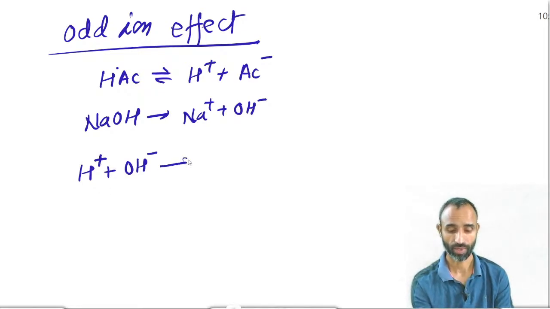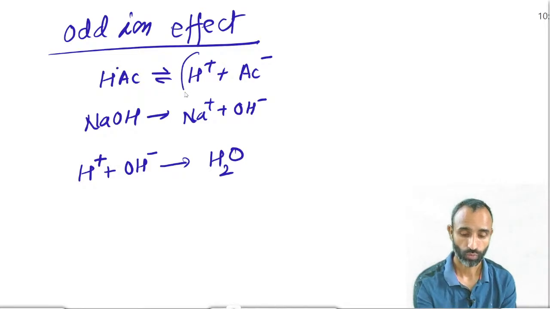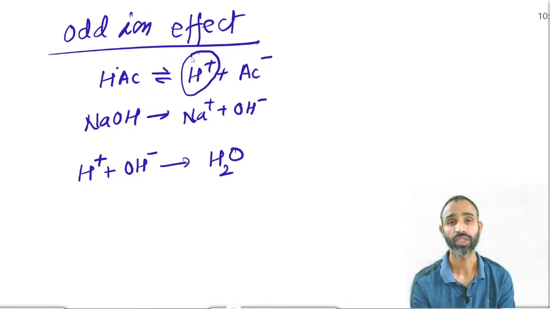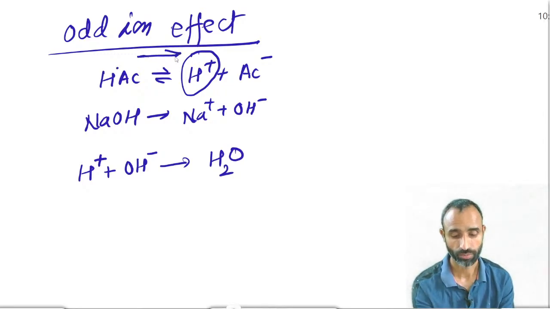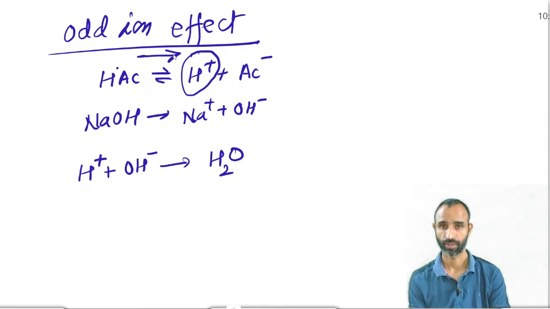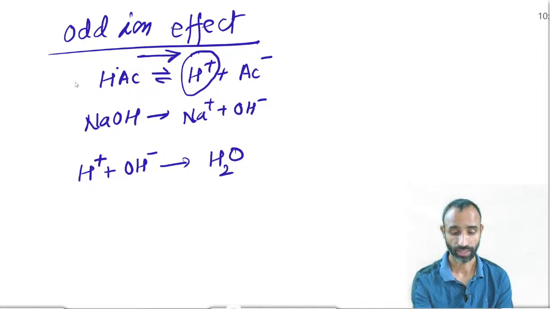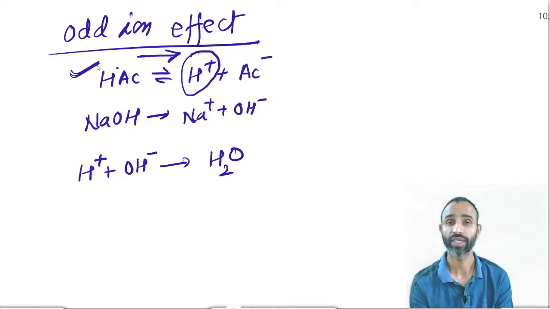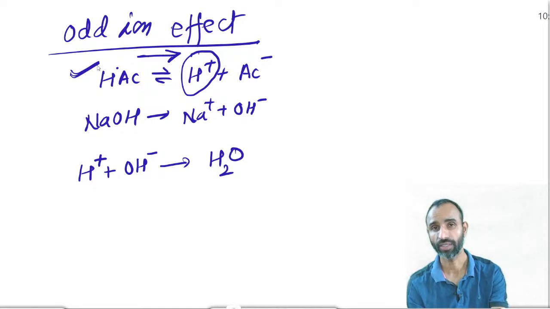OH- ion combines with H+ ion to give H2O. So there is a decrease in the concentration of one of the products in the equilibrium. So equilibrium shifts forward. That is called odd ion effect. So in this case, strength of acid increases. Due to the presence of odd ion, strength of a weak acid increases.